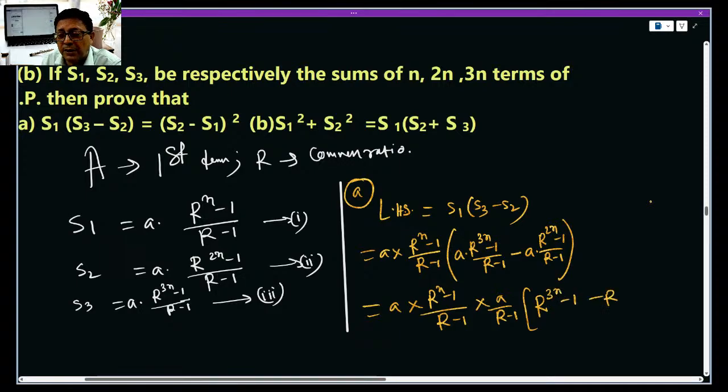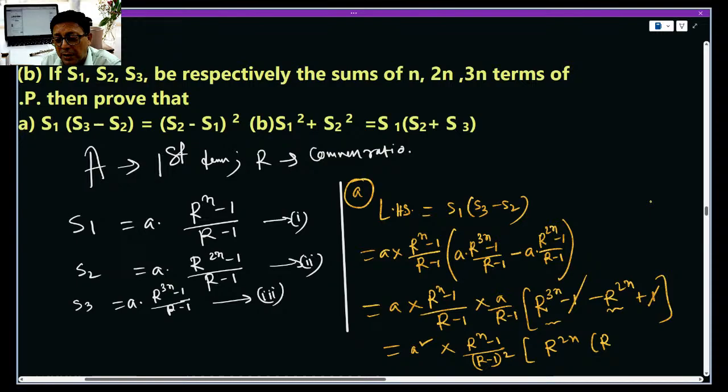Three n minus 1, 2n plus 1. So these two get cancelled. So there will be a square by this, multiplied by, from these two you take r to the power 2n common. Am I correct?